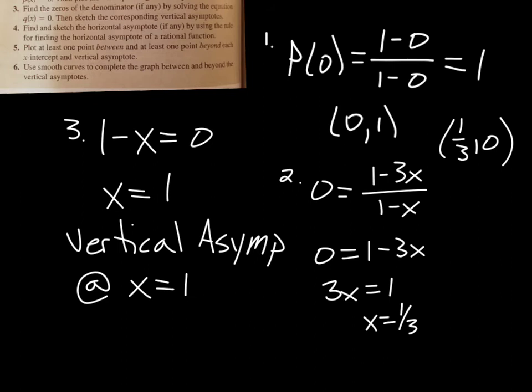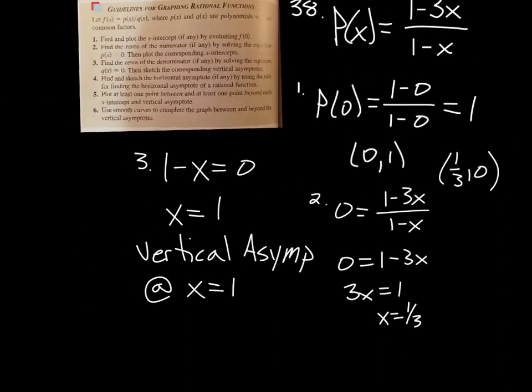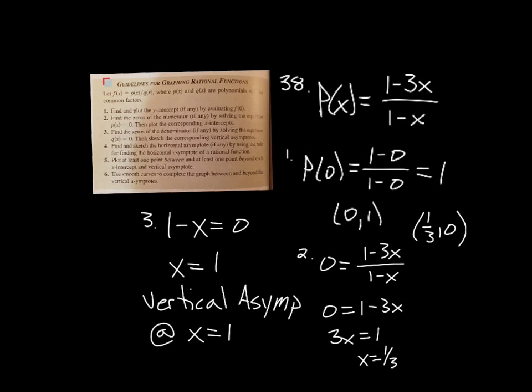Step 4, find and sketch horizontal asymptotes, if any, by using the rule for finding horizontal asymptotes. Okay, so we have to check out our degrees. Notice the degree in the numerator and the degree in the denominator are the same. So that means we take the leading coefficients and put them over each other. So -3 over -1 is 3.